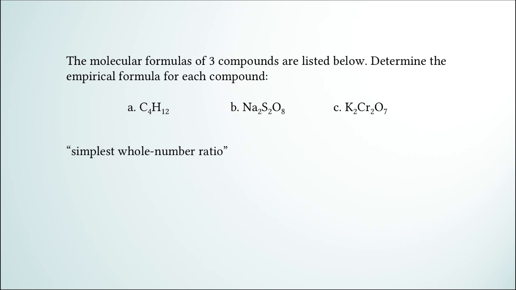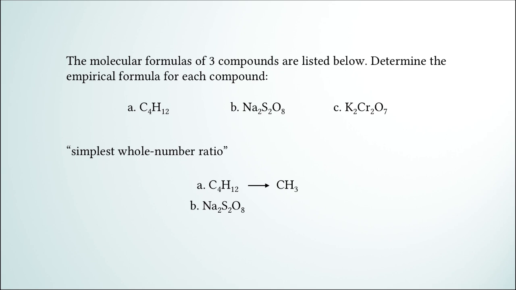So we can look at the subscripts of all the atoms and see if they have a common factor with which we can divide them. Looking at C4H12, we know that 4 and 12 have a common factor of 4. So dividing both of these subscript numbers by 4, we get an empirical formula of CH3. That is the simplest whole number ratio of the C atoms and the H atoms.